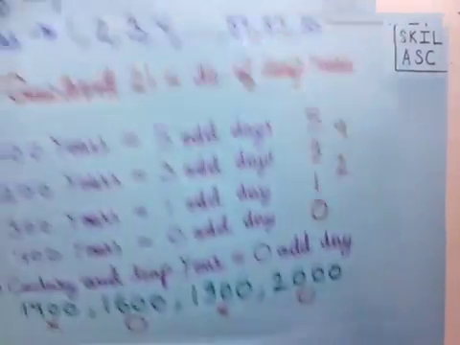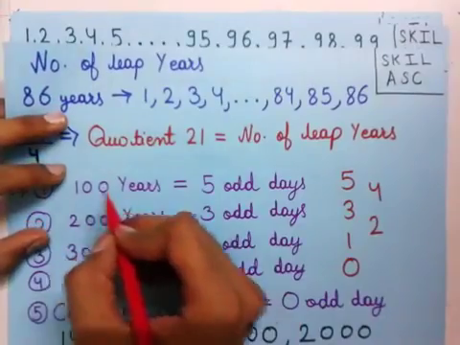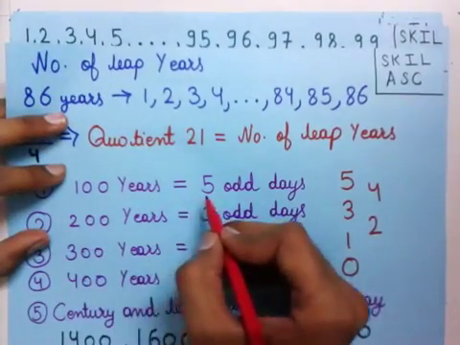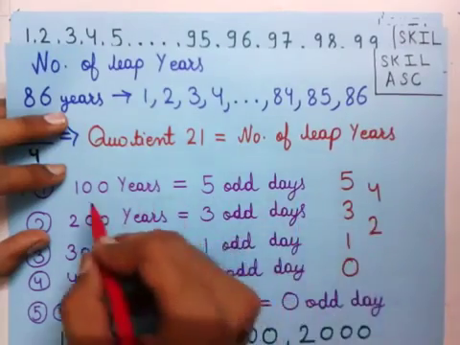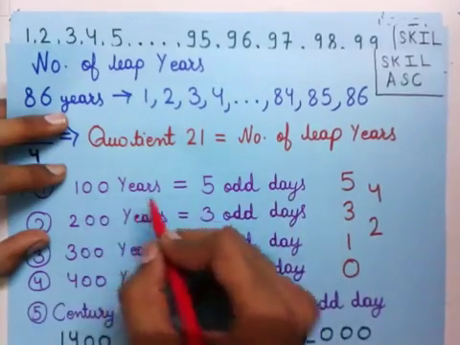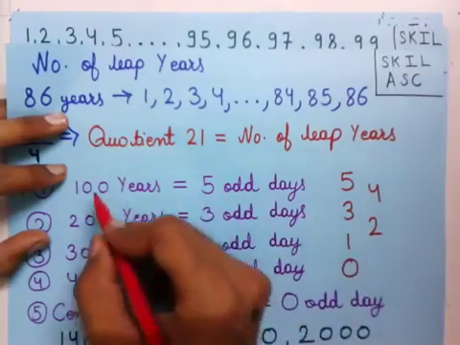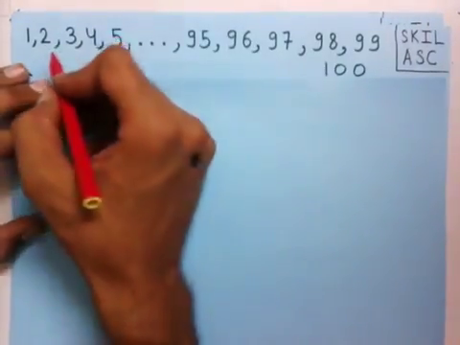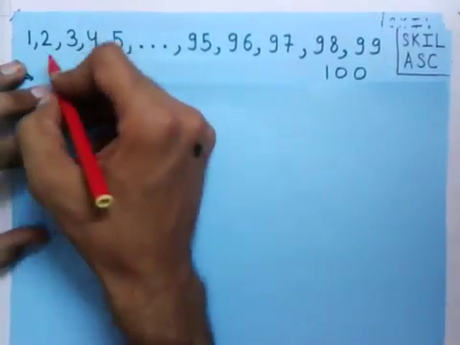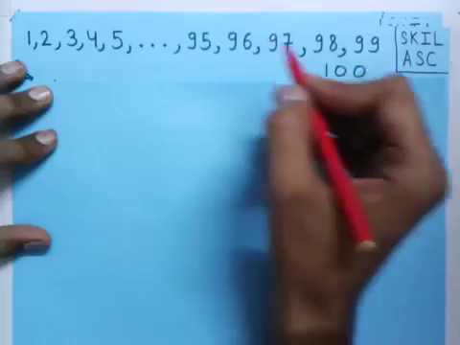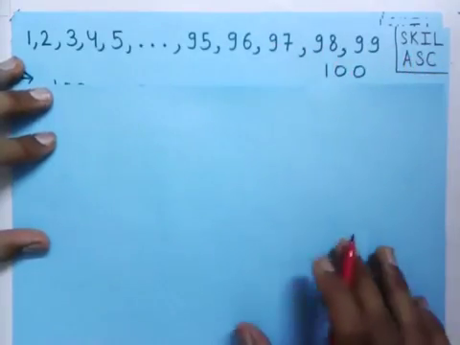Suppose we have to find the number of odd days in 100 years, which is already given as 5 odd days. Now we will see how we get that 100 years have 5 odd days. So first we see, suppose we have years from 1 to 100. We have year 1, 2, 3, 4, 5 and so on, and then 98, 99, 100.